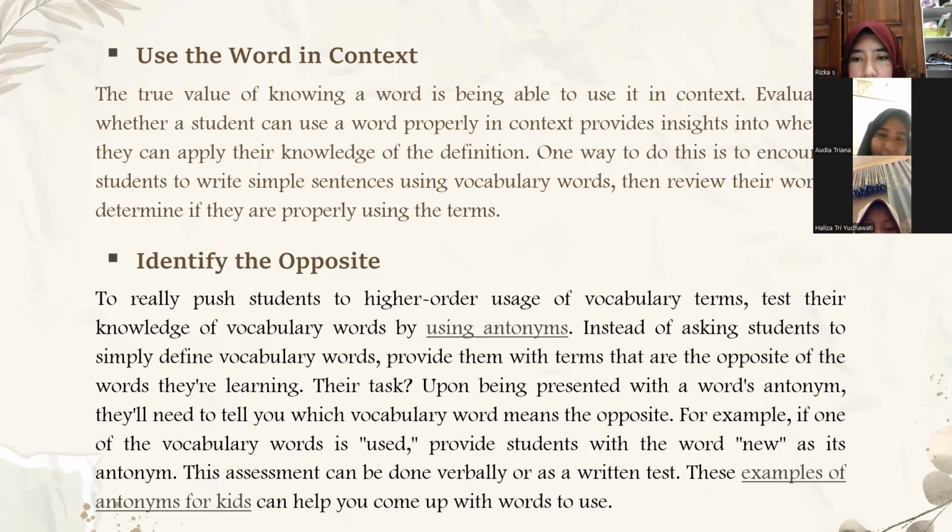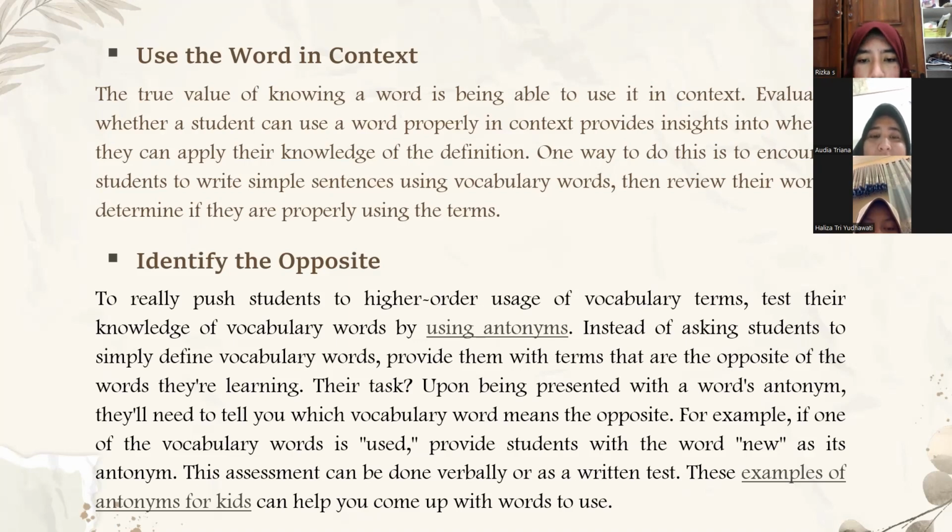And then identify the opposite. To really push students to higher order usage of vocabulary terms, test their knowledge of vocabulary words by using antonyms. Instead of asking students to simply define vocabulary words, provide them with terms that are the opposite of the words they're learning.